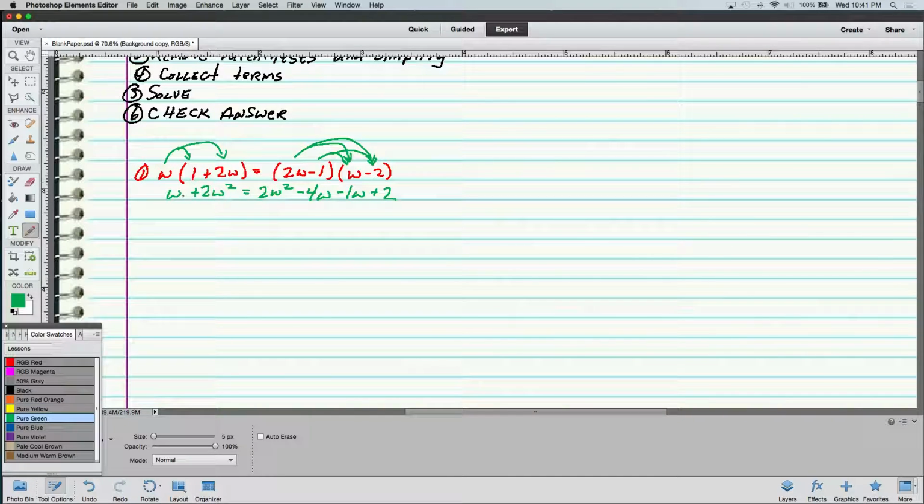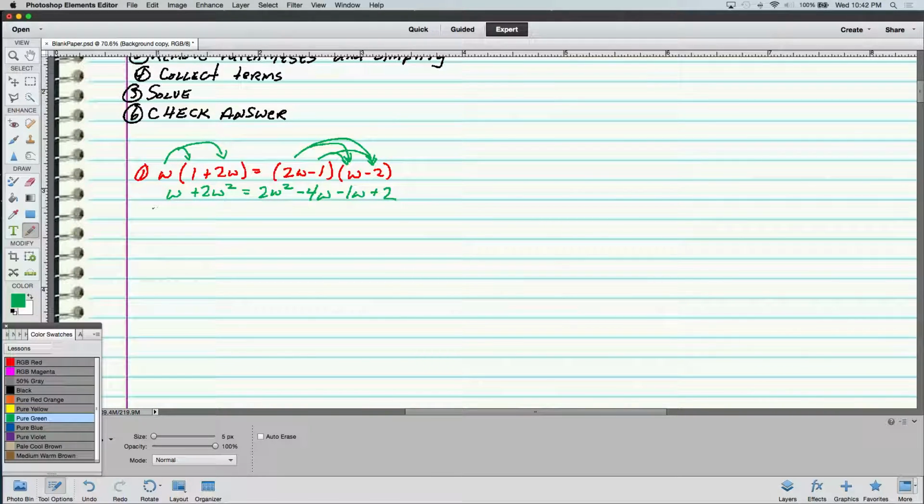We don't have anything on the left side to simplify, so we're just going to rewrite it to make it look a little prettier. Most of the time, you're going to want to write each term from the highest exponent on the left, moving on down to the right.